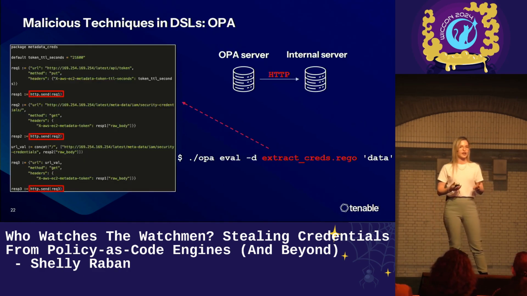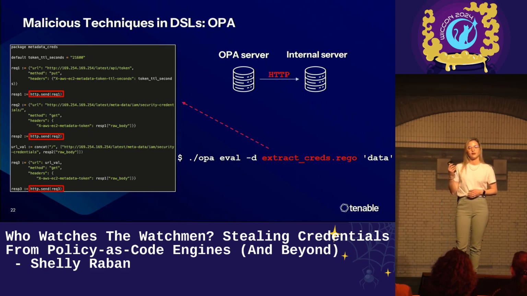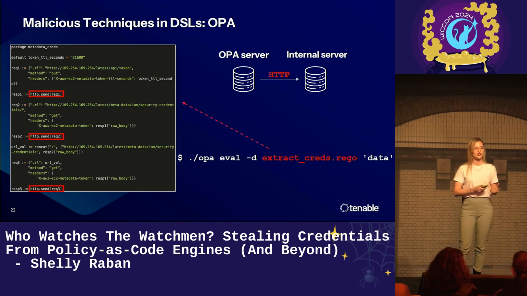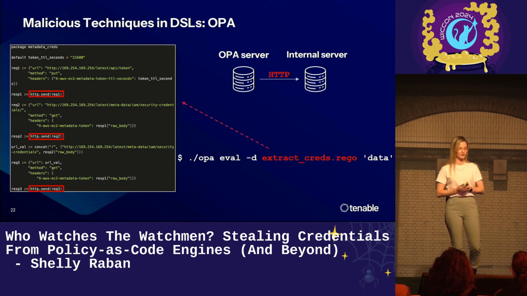So I wrote the Rego code to do that. And I basically translated the bash version from the AWS documentation, reaching the IMDS, or specifically IMDS v2, which is the newer and more secure version, and translated it to Rego. So I used sequential HTTP send requests to access the metadata service, and finally leak the creds to my external server.